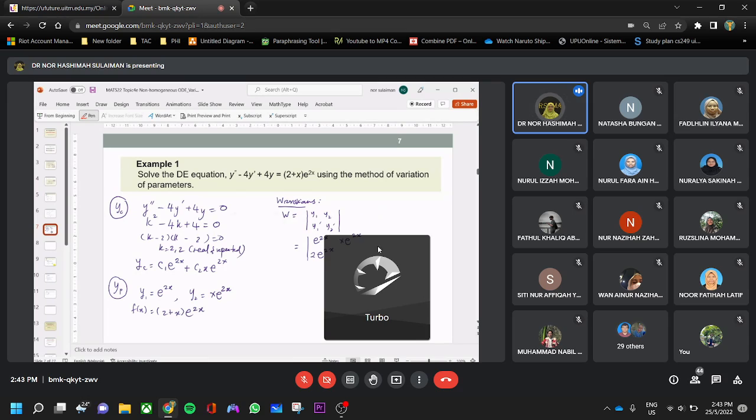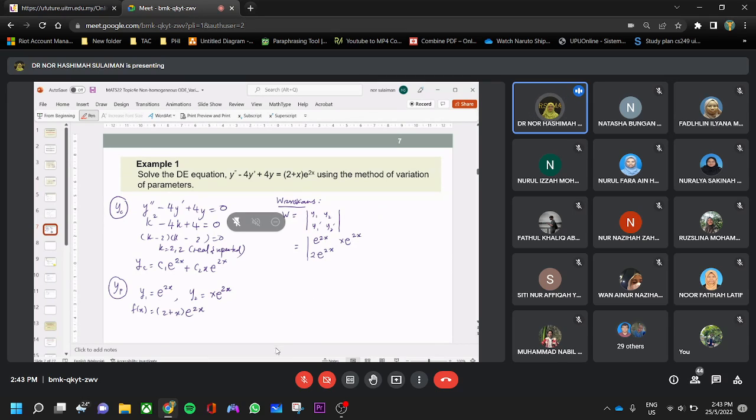Since the first row, second column ni adalah product of two functions, right? Meaning that you got to have 2x e to the power of 2x, lepas tu plus e to the power of 2x. Am I right? Yes. Okay. So, what do we do next?